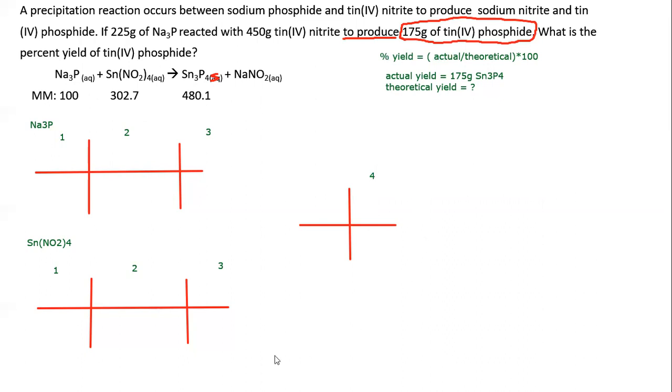In slot 1, what goes there? That's the mass of the reactant, which is given to us in the problem.